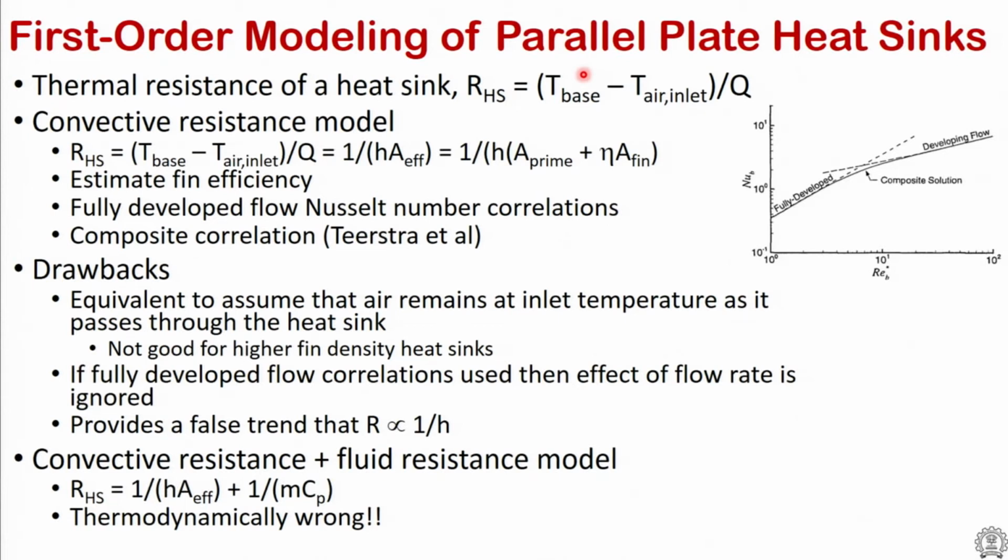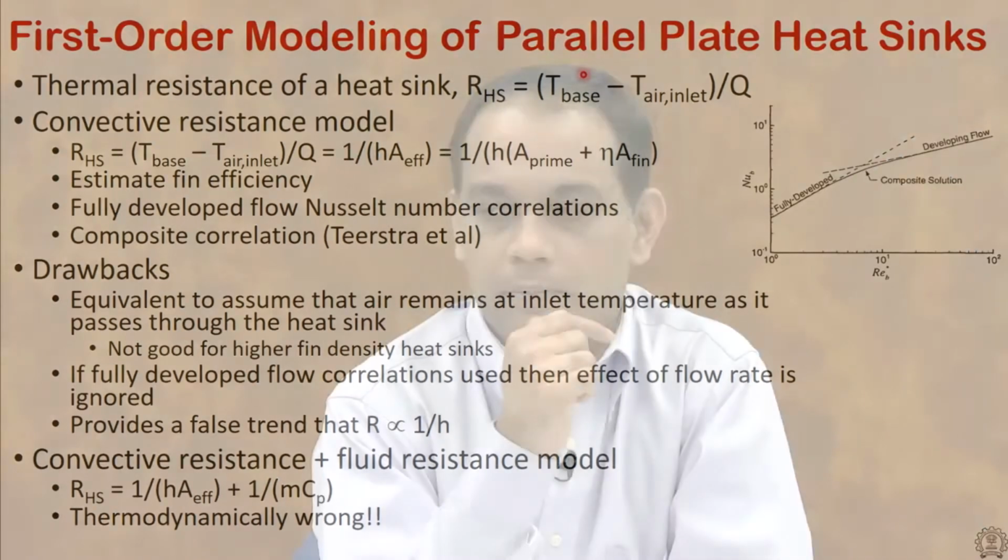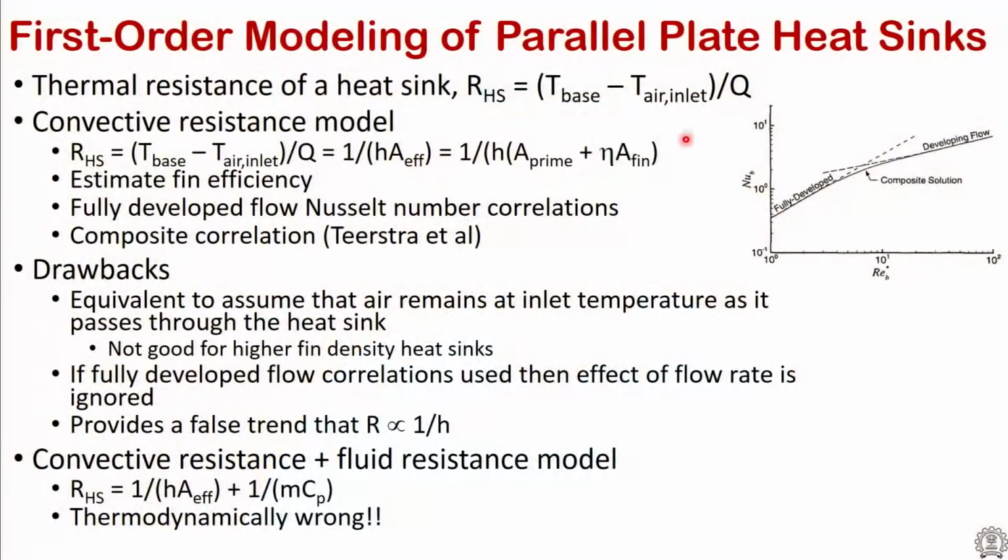So that is the maximum temperature driving force divided by the power that is dissipated. Power is like a current. So with this we can describe it, but when you do Q equal to m dot Cp delta T, where m dot is your mass flow rate, Cp is your specific heat capacity, and delta T is the mean temperature rise, that is only the effect of how much heat you are adding to the fluid stream.